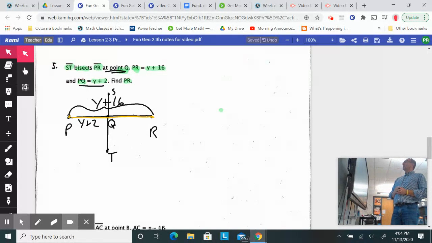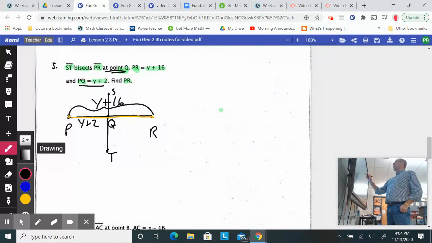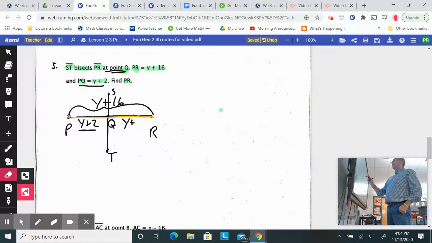We know that ST, that line segment, bisected PR at point Q. That means Q's right in the middle of PR. That means that PQ, which is Y plus 2, has to be the same distance as QR. It's supposed to be Y plus 2 there.